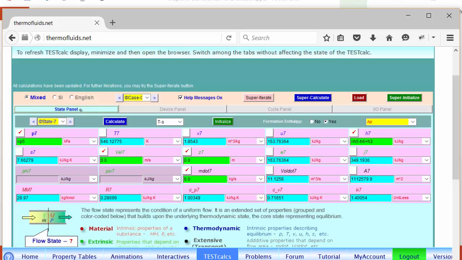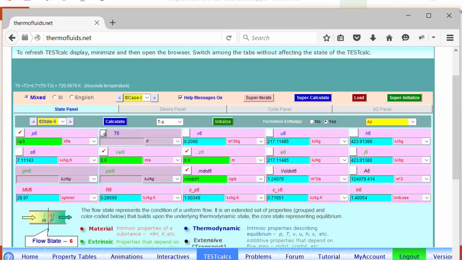So suppose our task at hand is what happens if the regenerator becomes more efficient. It's right now 70% effective, so let's make it 100% effective. So where does the regenerator appear? If you recall, it's at state 6. So look, the 70% efficiency appears here.